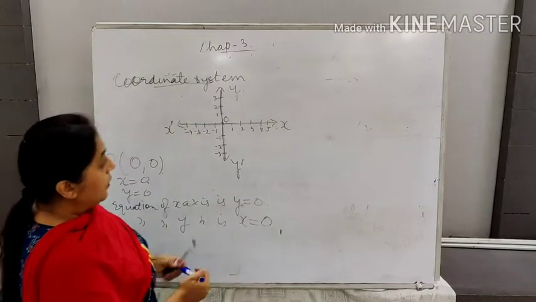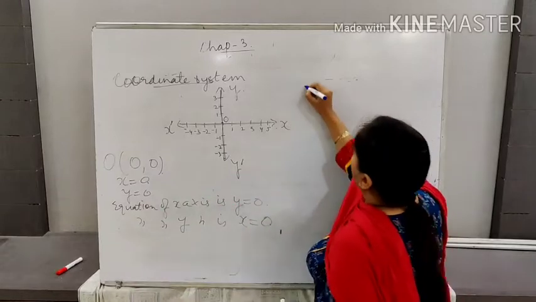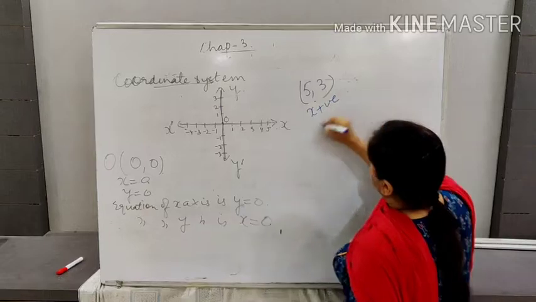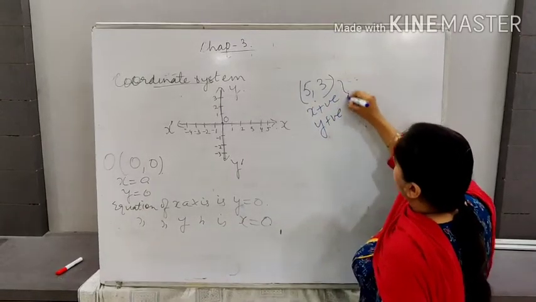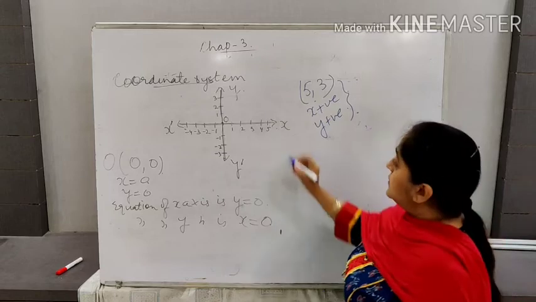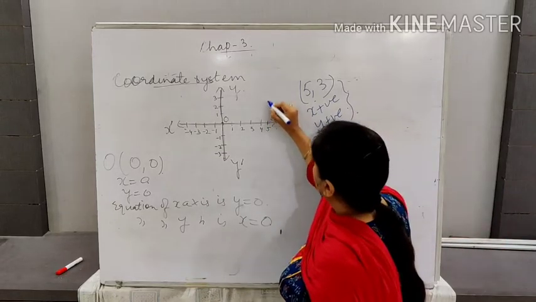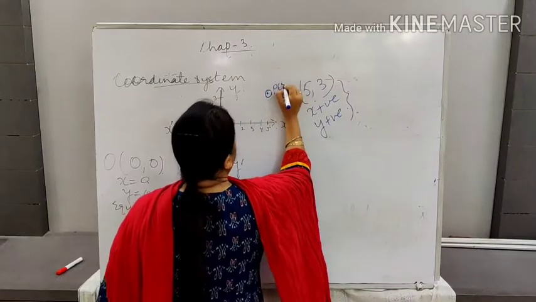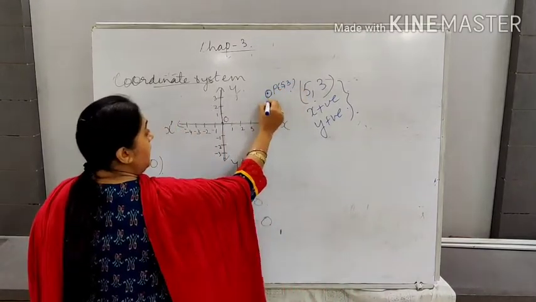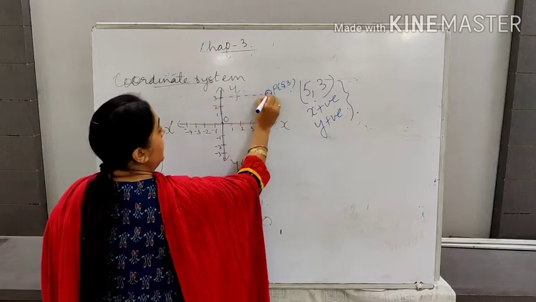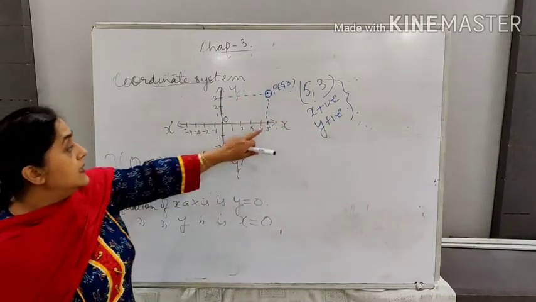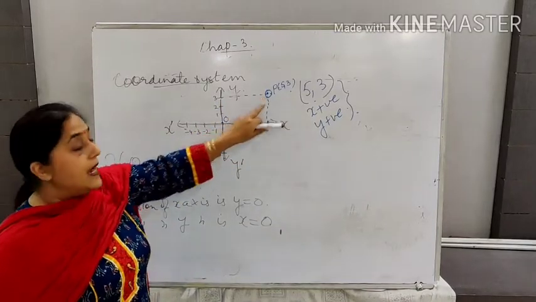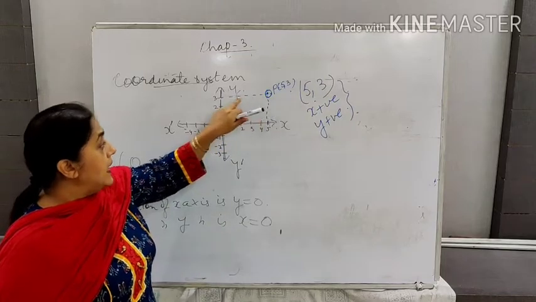Look, when we did the plotting, if I am plotting the point 5, 3, being x positive, y positive, it lies in the first quadrant. So 5 is here and then I have to go up 3. So this point P is my 5, 3, by just drawing the two perpendicular lines that I told you. This perpendicular distance from x axis is this and perpendicular distance from y axis is this.